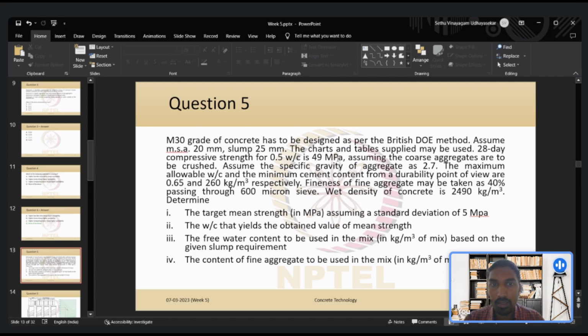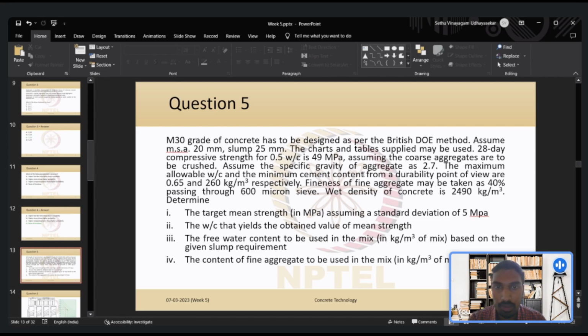So when we use a water to cement ratio of 0.5, we get a 28-day strength of 49 MPa, right? And then the coarse aggregates are to be crushed, and we are also assuming the specific gravity of aggregate as 2.7. Now the maximum allowable water to cement ratio and the minimum cement content from a durability point of view are 0.65 and 260 kilogram per meter cube respectively, right?